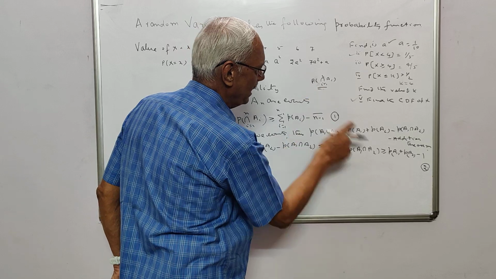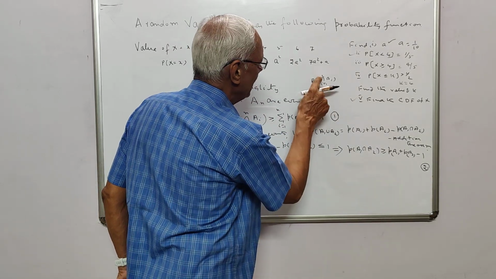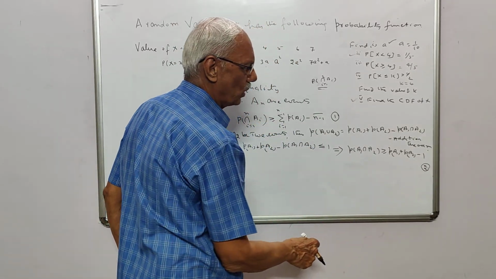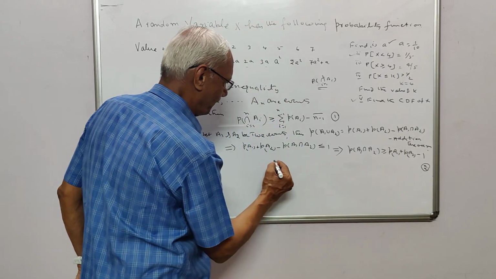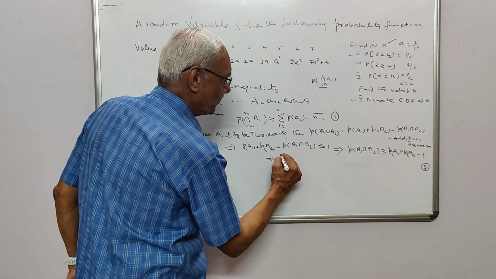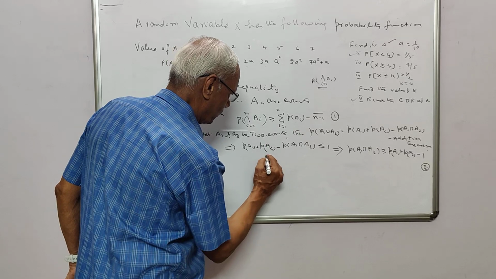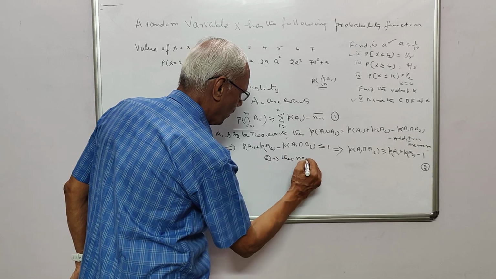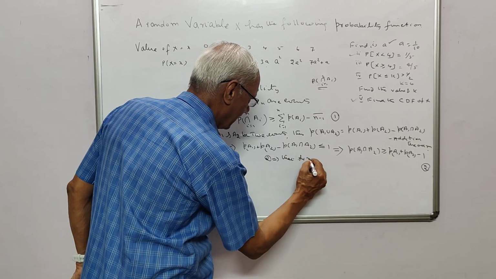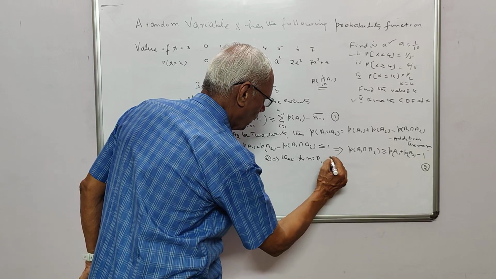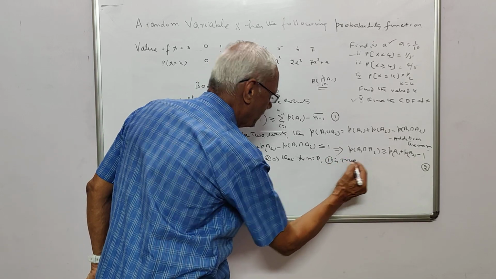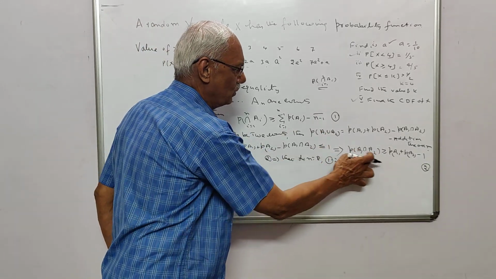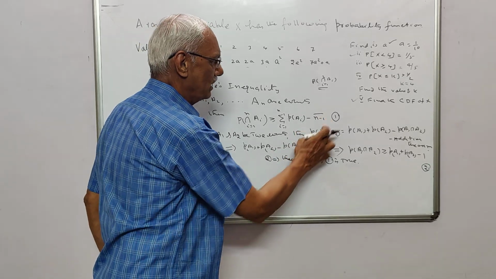If you take n equal to 2, you get P of A1 plus P of A2 minus (2 minus 1), which is 1. So you see that this is true. Therefore 2 implies that for n equal to 2, 1 is true.